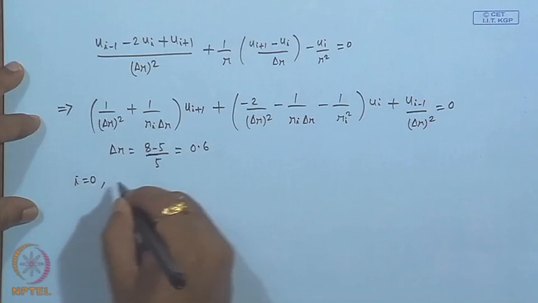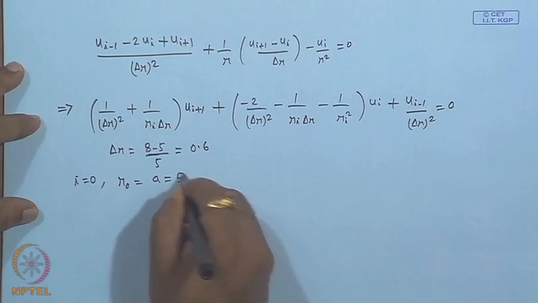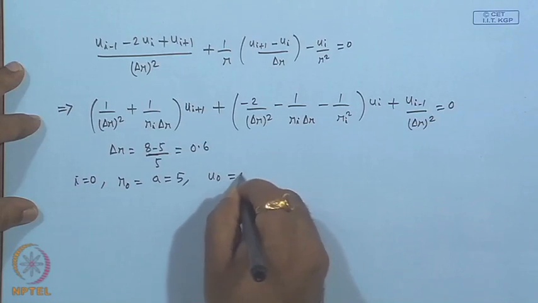For i equals 0, we have r 0 equals a equals 5, and the corresponding u 0 is given.